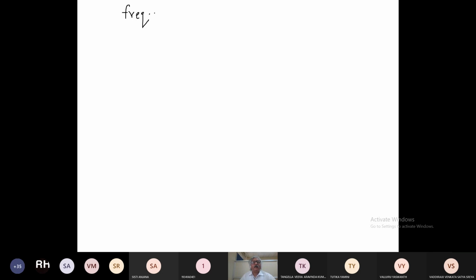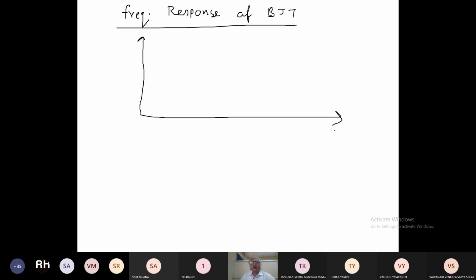So, frequency response of BJT. This we were discussing, and this was a diagram.